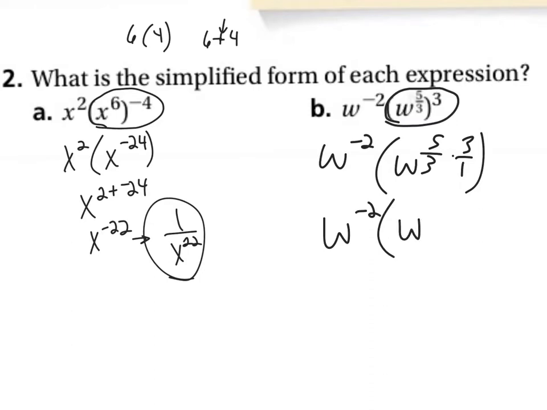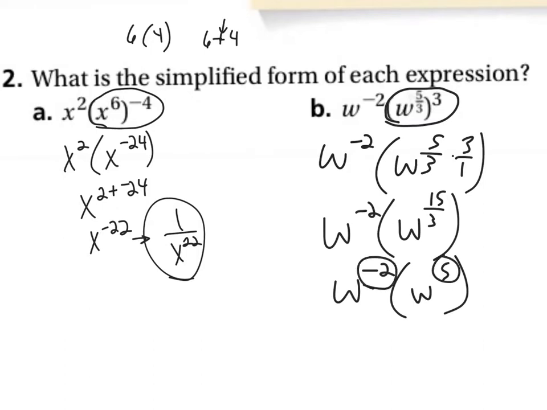So 5 times 3 is 15. 3 times 1 is 3. 15 thirds. 15 divided by 3 is 5. And then at this point we can finish this off. We're multiplying like bases, so you can add the exponents. So -2 plus 5 would be 3. So w cubed would be our final answer.